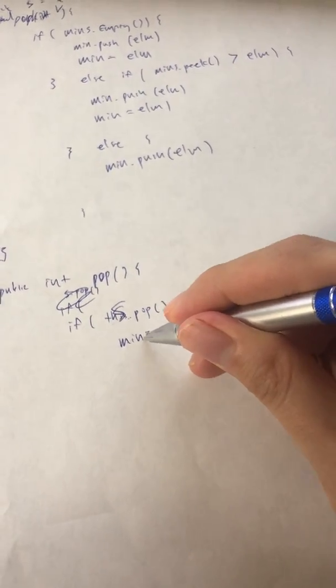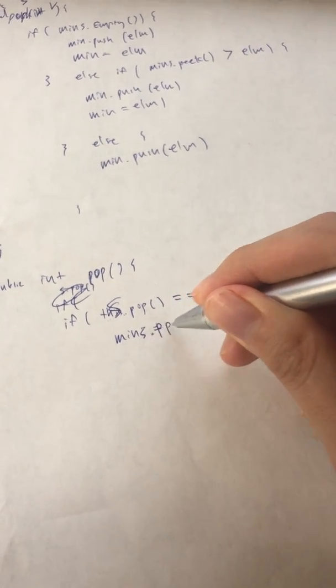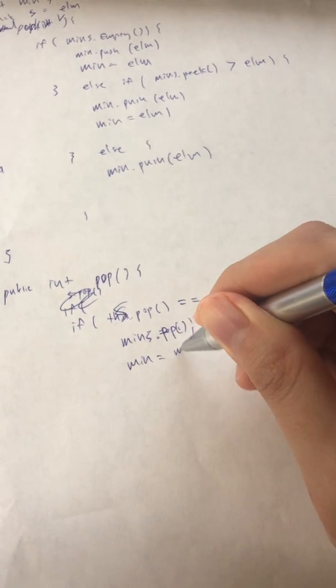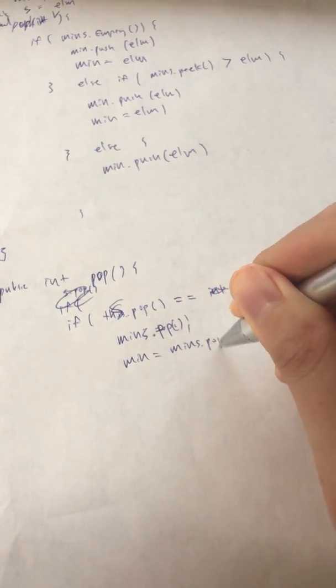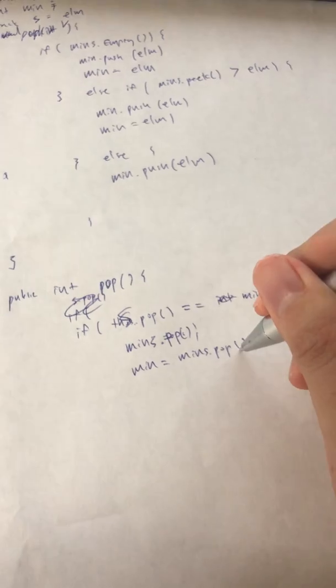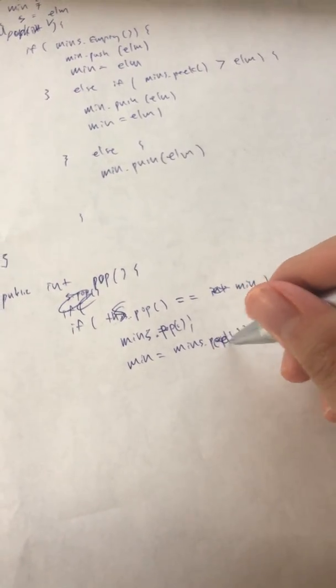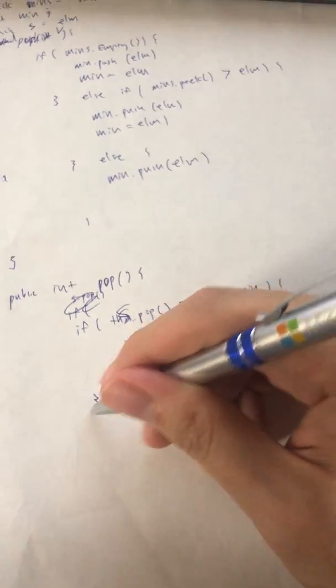So I first have to pop mins.pop, and I'm going to set min to mins.pop. So if I pop it twice, then I'm going to get the next element. Actually, I'm going to do peek, so I'm going to push it back.